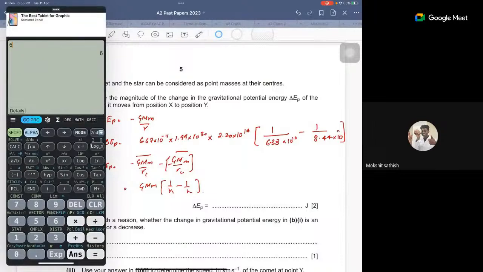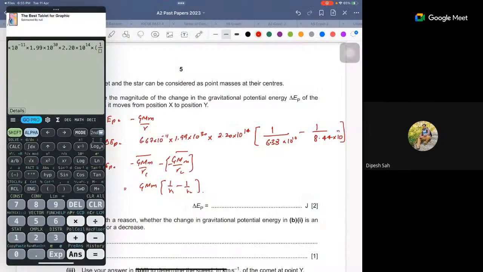So 6.67. Then 1.99. And then I'll use this one. Isn't that supposed to be plus? This will be plus. Why?